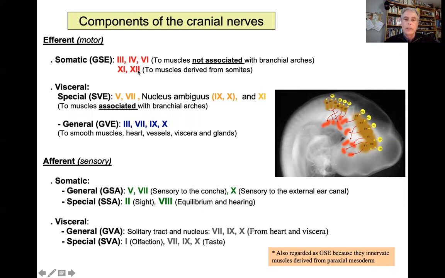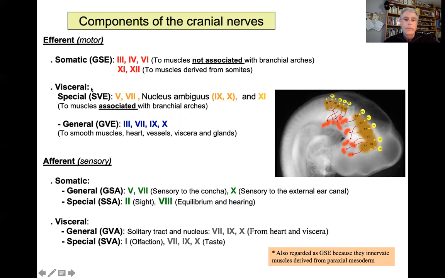These are nerves that are going to innervate muscles derived from somites. You see here, number 12, and they innervate muscles derived from somite 1. No, sorry, about 5, 4, and 3. Sorry. So these somites migrate to become the tongue.